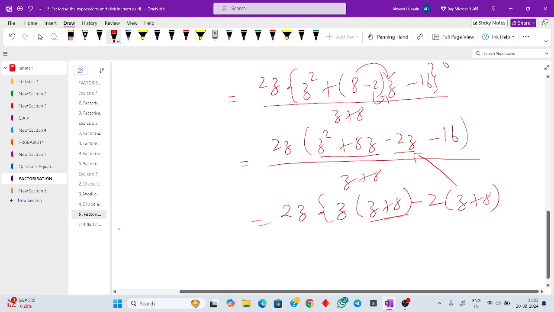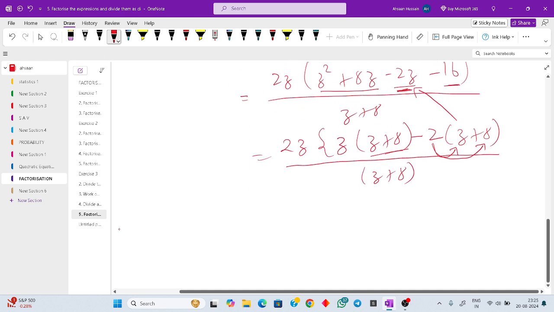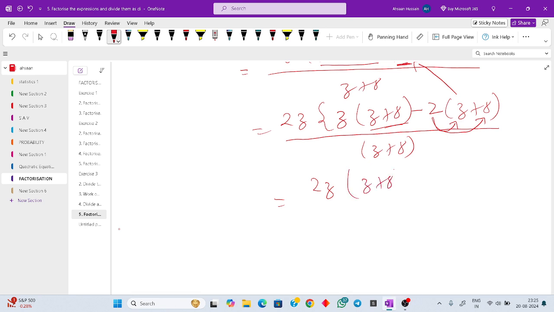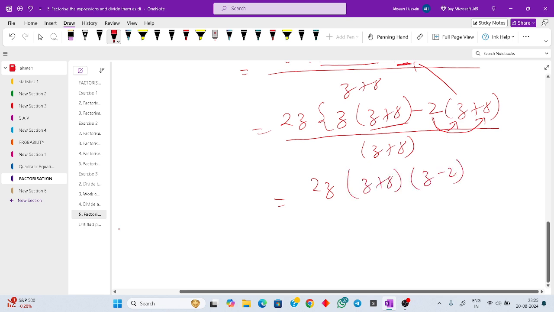By writing negative 2, you can clearly see negative 2 multiplied by z is negative 2z, and negative 2 multiplied by 8 would be negative 16, divided by z plus 8. So 2z, here z plus 8 is common, and z minus 2, z plus 8. So the answer would be 2z(z minus 2).